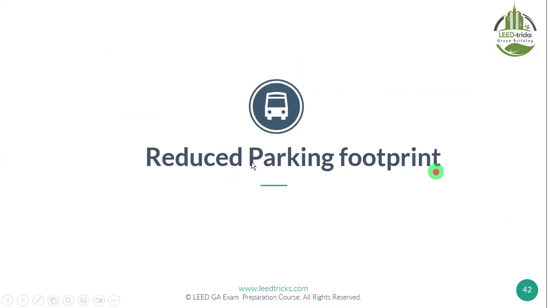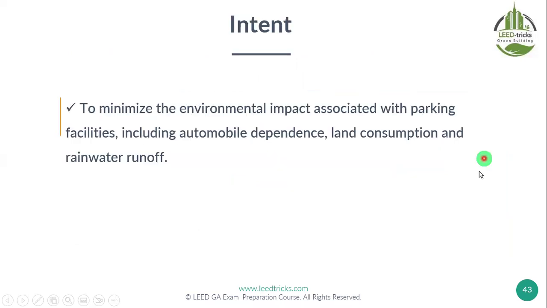The next credit is reduced parking footprint. The intent here is to minimize the environmental impact associated with parking facilities, including automobiles and so on. Maybe we think differently here. We always think that we need to provide more parking for occupant comfort and so on. No, we need to provide less parking.